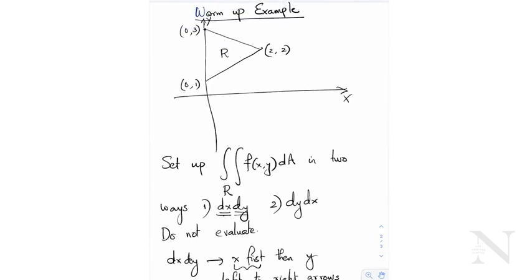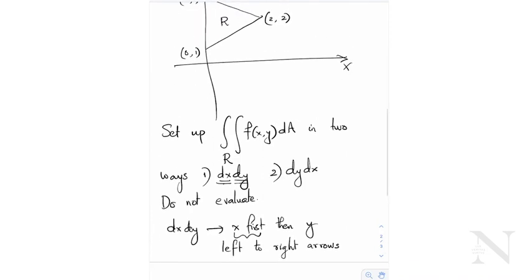So you can see it's kind of a slightly opposite problem compared to the example that I showed you from worksheet 8. There the triangle was oriented in a different way. Here it's kind of rotated so that it's based on the y-axis.